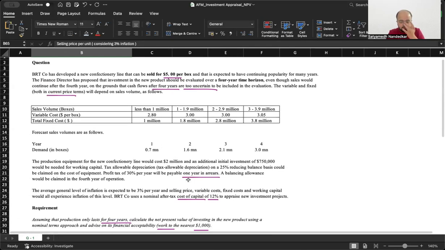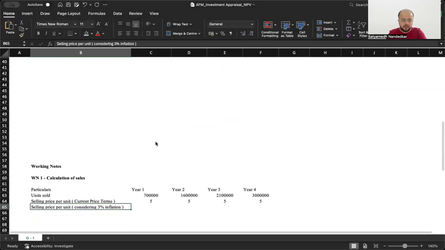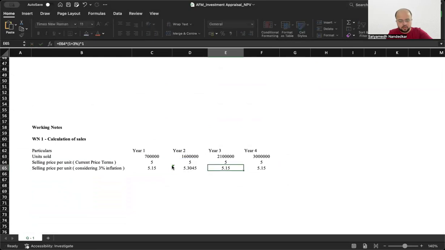So the rate of inflation is 3%. In current price terms the price is $5 per box. So, you have to use the future value formula here. This into 1 plus 3% raised to 1, 2, 3, and 4. Raised to 2, raised to 3, and raised to 4.